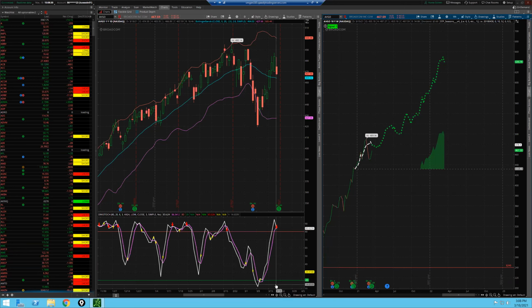When I had a trigger, which we'll talk about here on the stochastic, right here on this arrow on 3/9, I like the opportunity. Why? From left to right, Broadcom heads higher, right? It heads higher and then much higher typically.